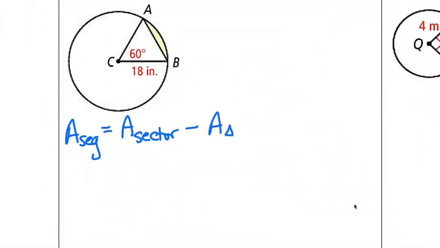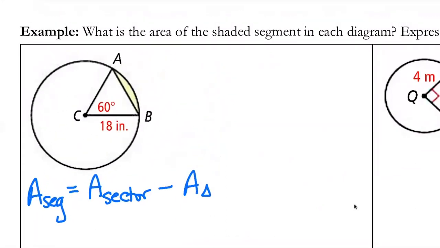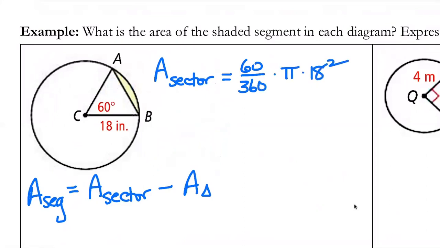So let's figure out the sector's area. We're talking about this sector here. The area of the sector is going to be the fraction of the circle, so it's 60/360ths times pi times the radius squared, pi times 18 squared.